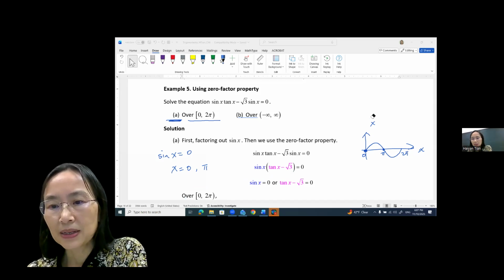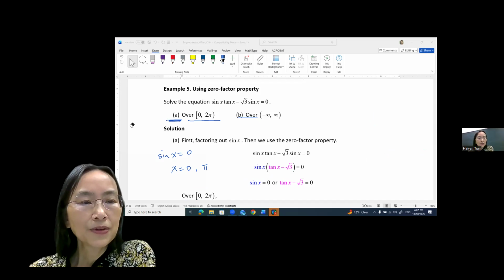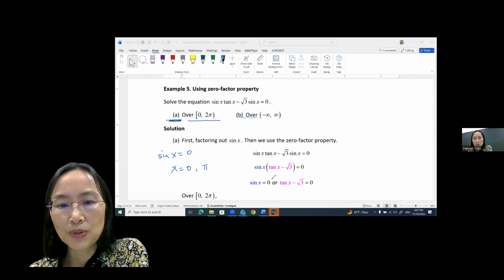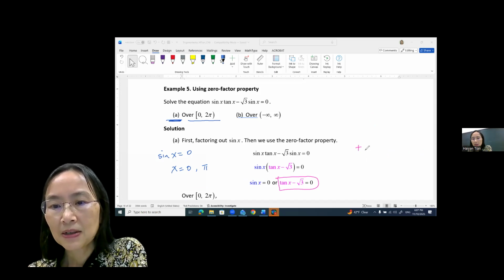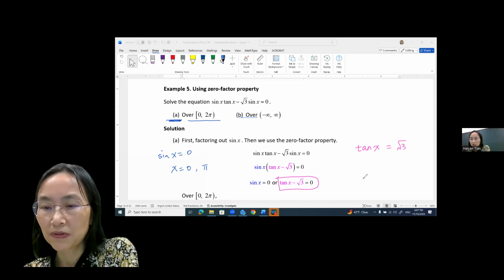Now the next one is tangent x. The second equation involves tangent, so we're going to solve this one now. If tangent x minus square root of 3 is 0, then that means tangent x is the square root of 3. So what is x?